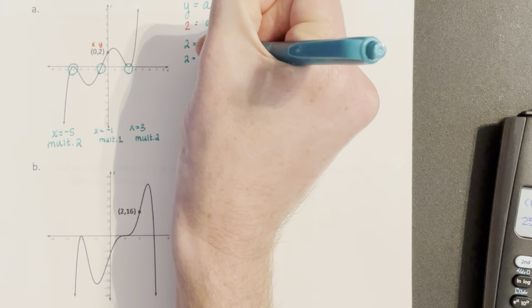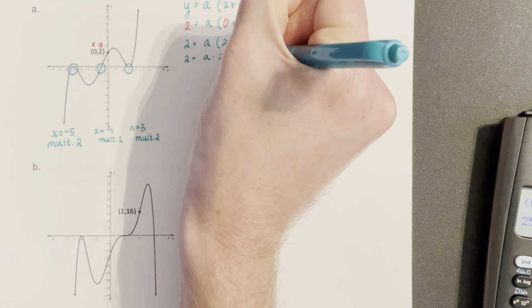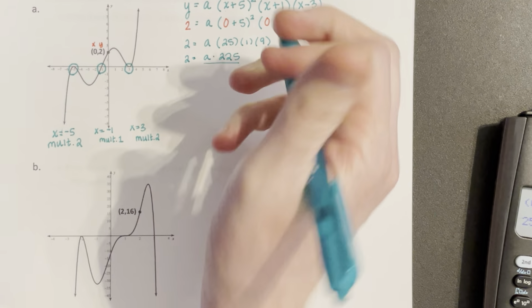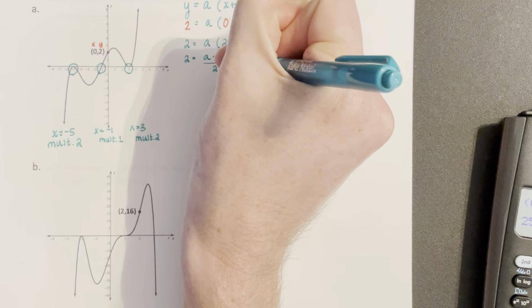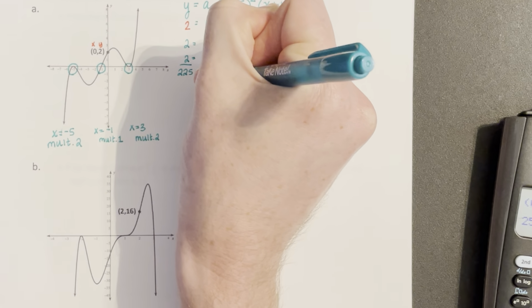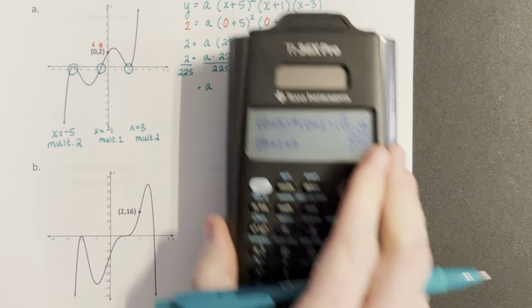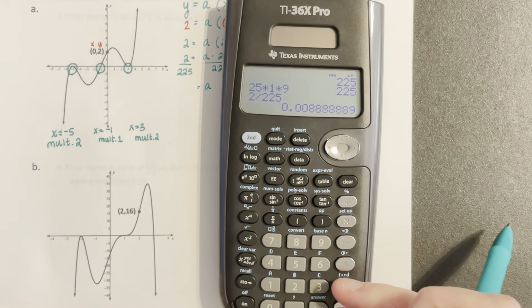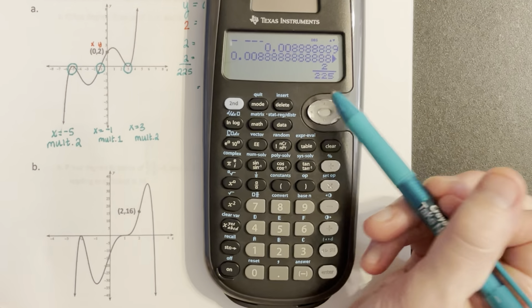So 2 equals a times 225. But we're solving for a, so I need to undo the multiplication and divide by 225. So we would see if 2 divided by 225 reduces and keep it in fraction form, but it doesn't.